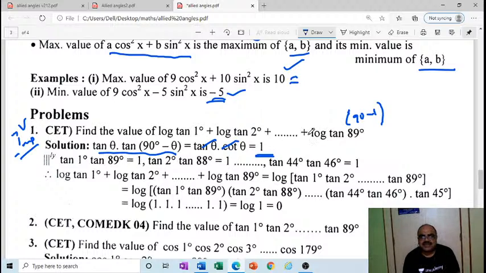These two, if you take as addition, it will be tan 1 into tan of 90 minus 1, that is tan 89 only, which is 1. Tan 2 into tan 88 is 1. Tan 44 into tan 46 is 1. So go on multiplying the two entities. Log A plus log B is log AB.